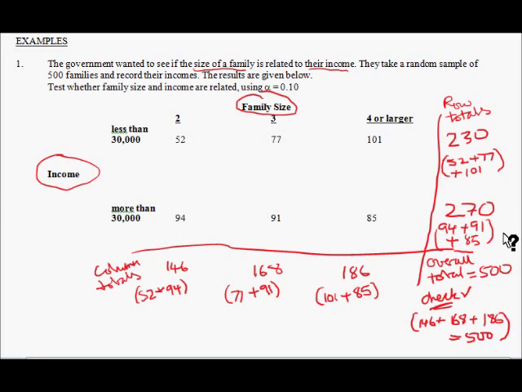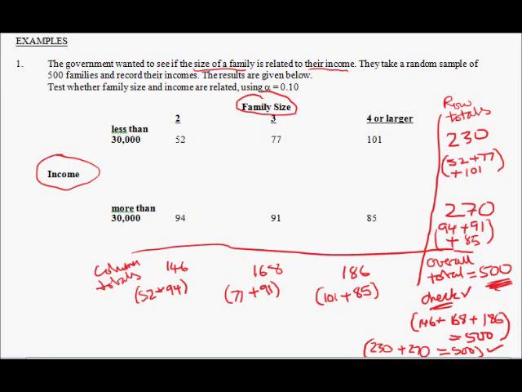Another quick check: 230 plus 270 is the overall total, which is 500, so that works too. The row totals and column totals must individually sum to the overall total, which here is 500.